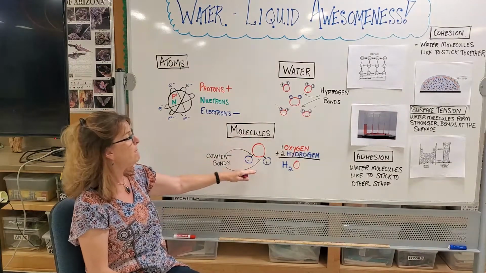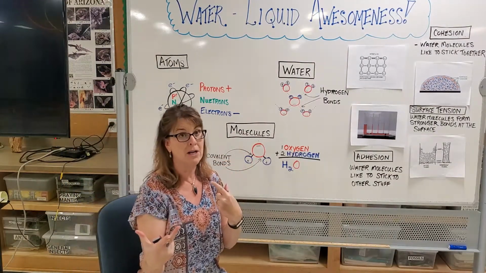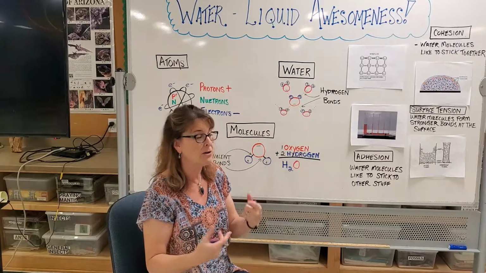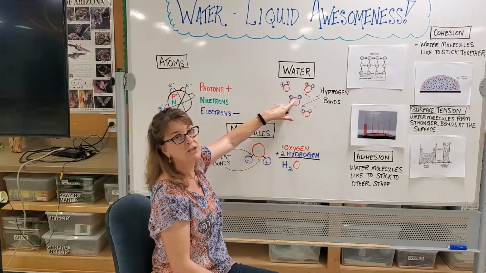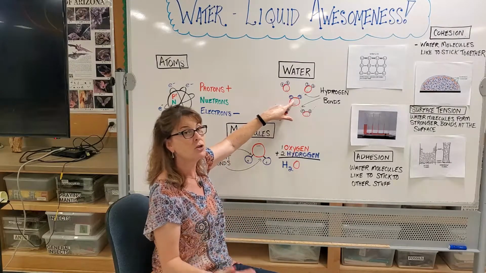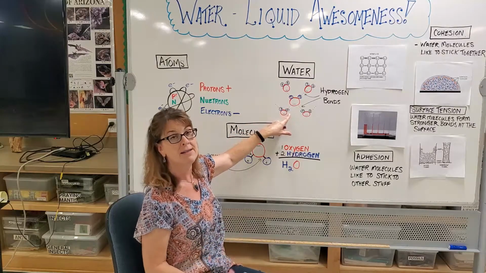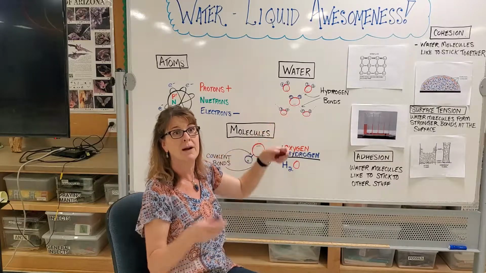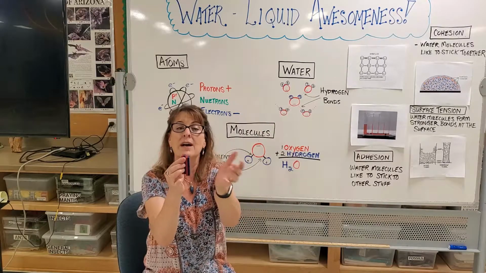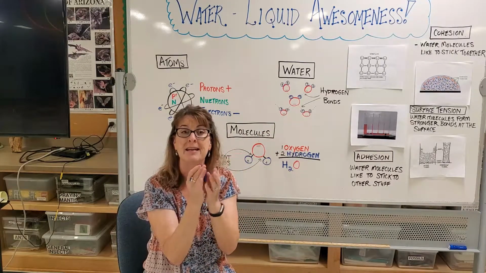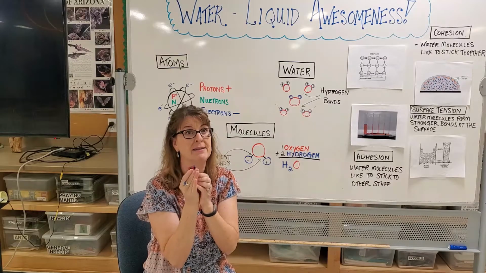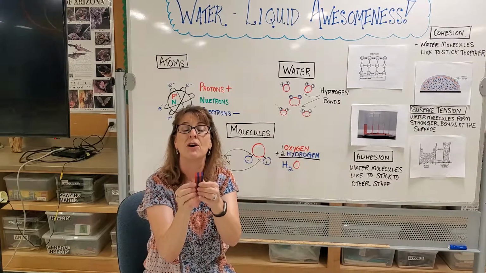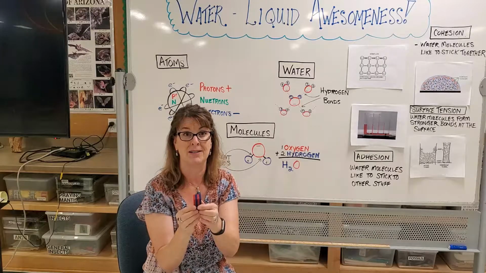It is polar. So when water molecules see other water molecules, the negatively charged oxygen is attracted to the positively charged hydrogen in the other water molecules around it, and they are attracted to one another and they stick together just like these two magnets in a bond called a hydrogen bond.